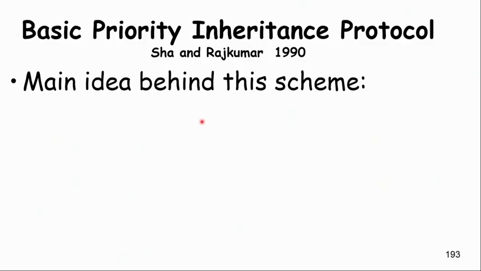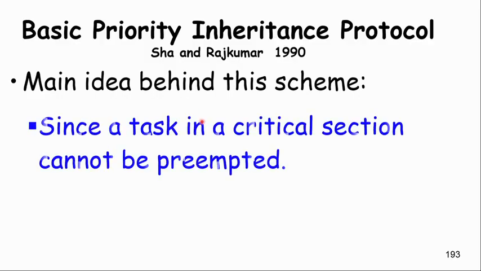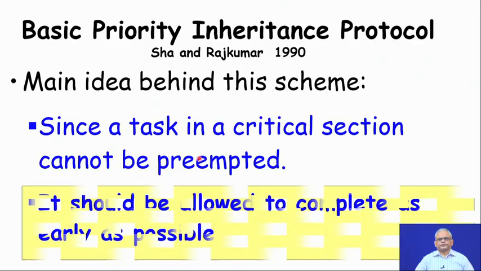The main idea behind the basic priority inheritance protocol is that once a lower priority task is executing its critical section, it cannot be preempted. So, the only thing that can be done is to make it execute as fast as possible. In the shortest duration over which it can release the critical section, the higher priority task can get to use the resource and the inversion time will be small.